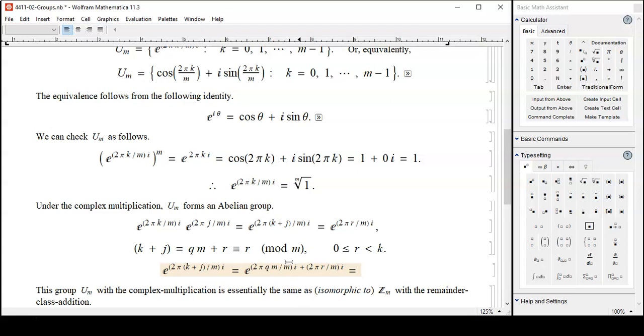And what is this? We have m over m, so we get just an integer multiple of 2 pi. So we get exactly the same situation as this. This is 1. So we get 1 times exponential of 2 pi r over m times i, same as here. Sorry about the typo.